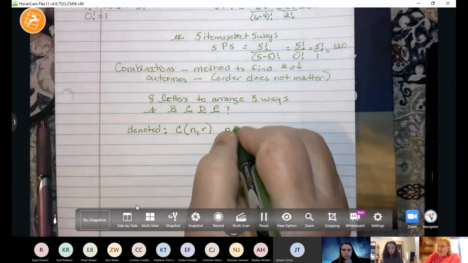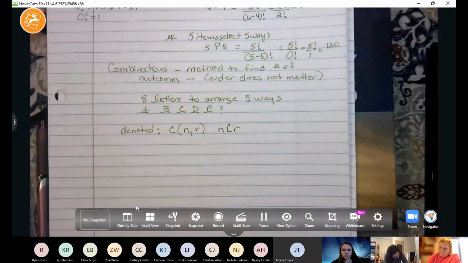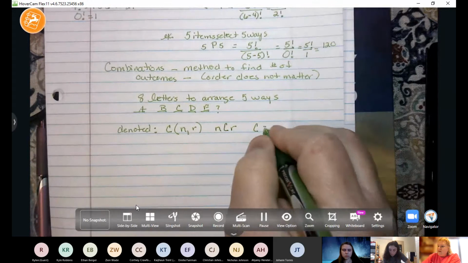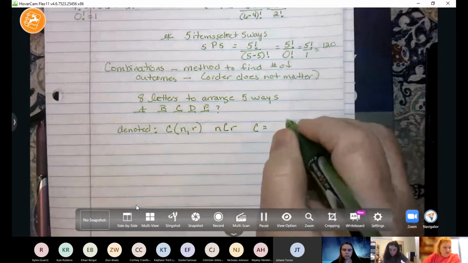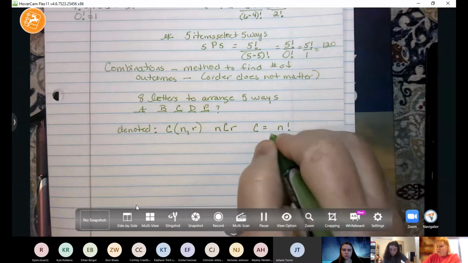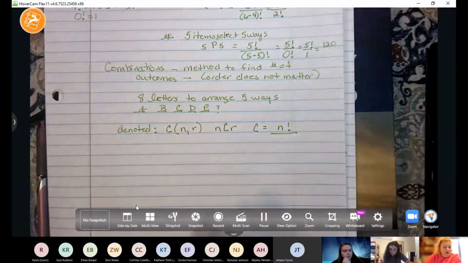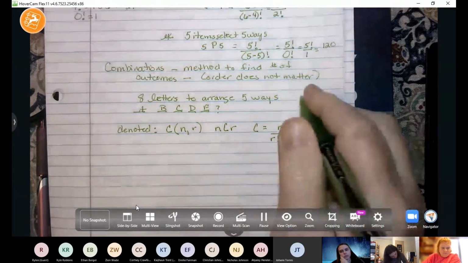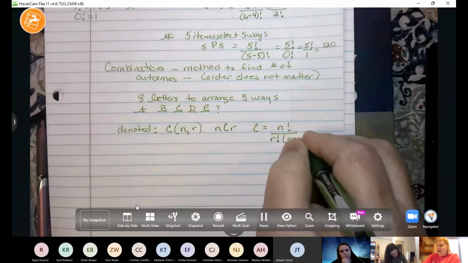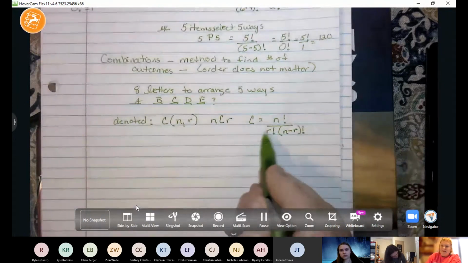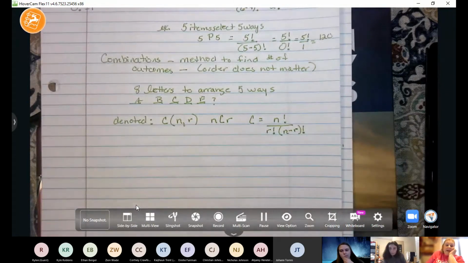Or it's going to be N, C, R. The formula is going to be a little different though. It's going to be N factorial over R factorial times N minus R factorial. So it has that little bit of extra there in the denominator.